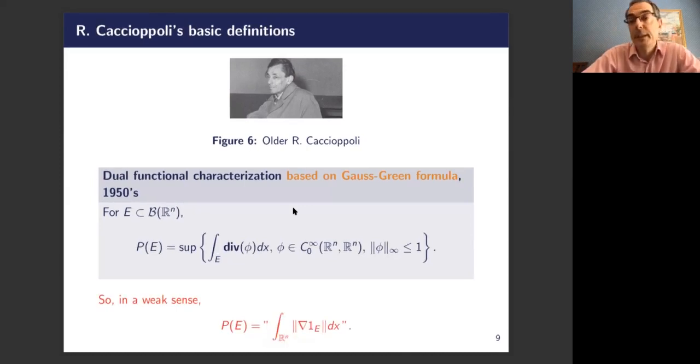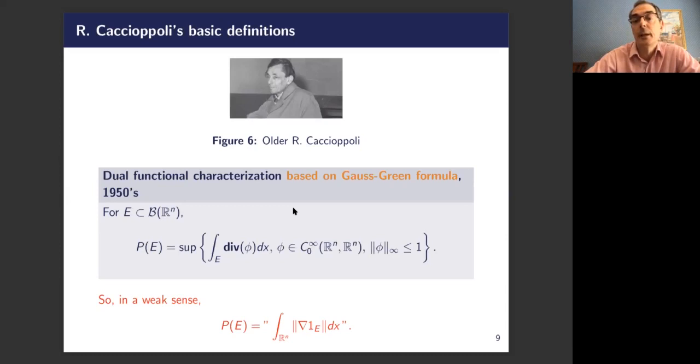In a weak sense, the intuition given by this variational characterization of the perimeter of a set is that one can understand the perimeter of a set as the integral over R^n of the norm of the gradient of the indicator function. The idea is that the gradient of the indicator function of the set should look like a Dirac distribution supported on the boundary of the set.